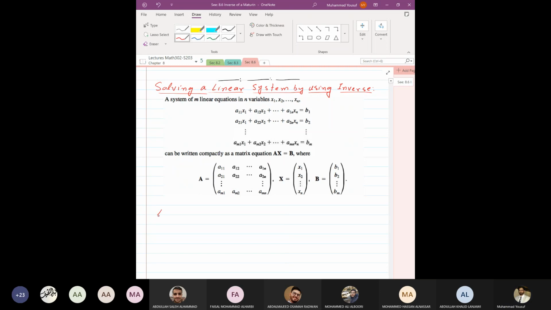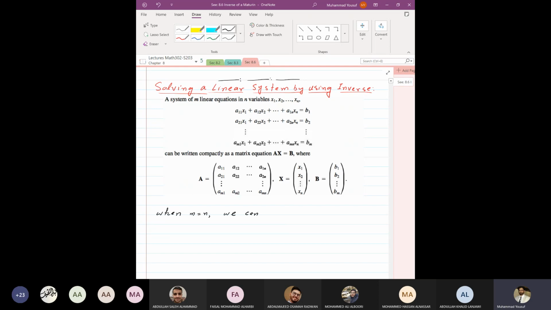When M is equal to N, that is, when it is a square matrix, we can find its inverse.